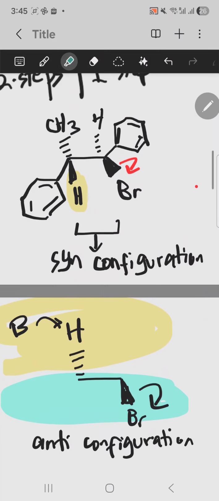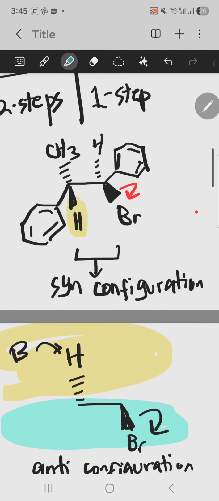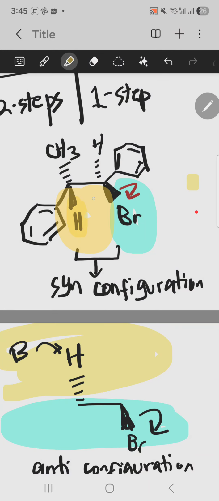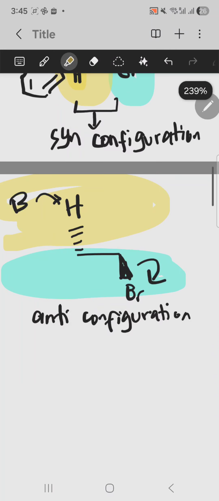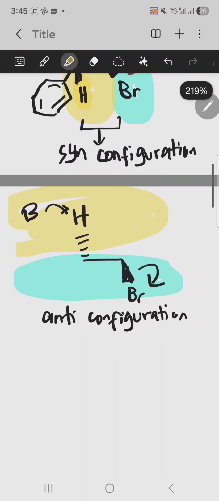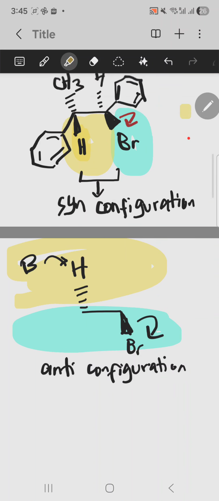If those things happen on the same side, like here and here, it would be so crowded, right? It's crowded, so that's why it's avoided, and that's why anti-configuration is more preferred. And somehow elimination never happens via syn configuration, we can say that.